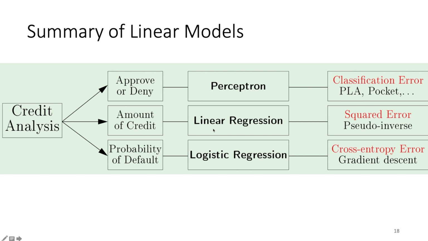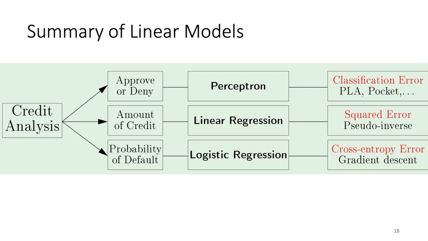In the case of linear regression, it would define the exact W, the amount of credit that should be given. And in the case of logistic regression, it would give us a probability of default that the bank could later use in order to approve or reject its clients.